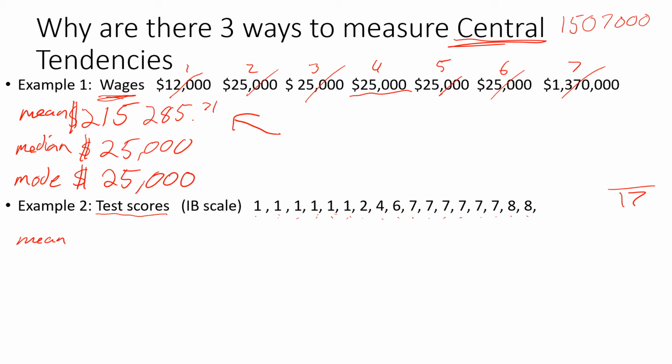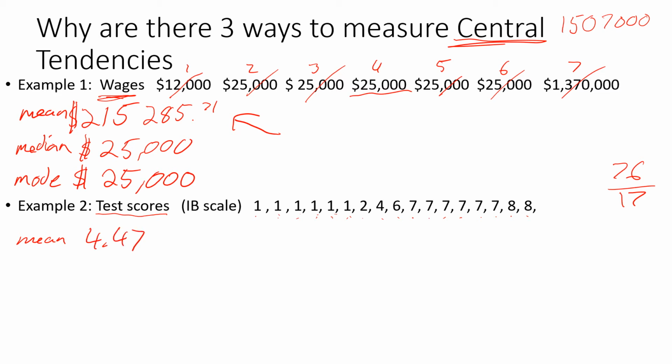Okay, and so I found the total to be 76. We divide that by 17, and what we get is the average score is 4.47, which is pretty good.